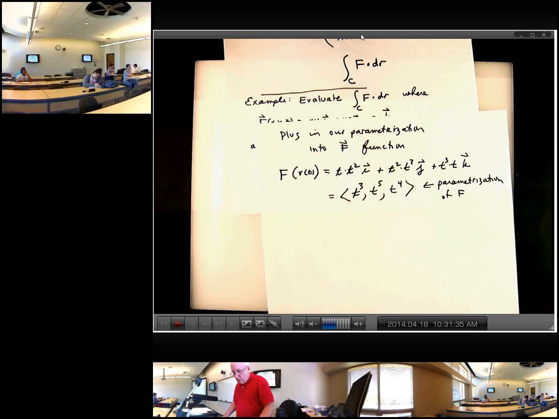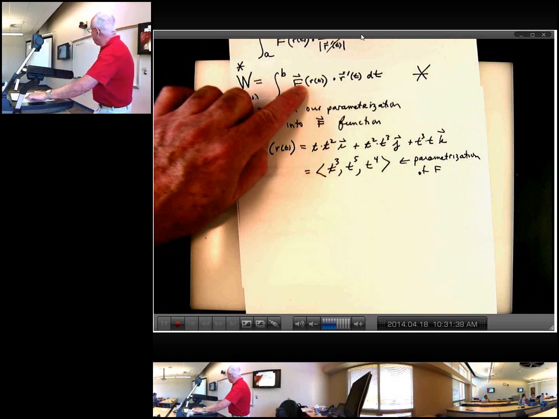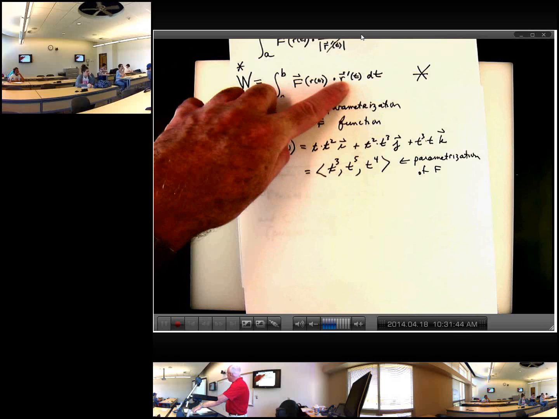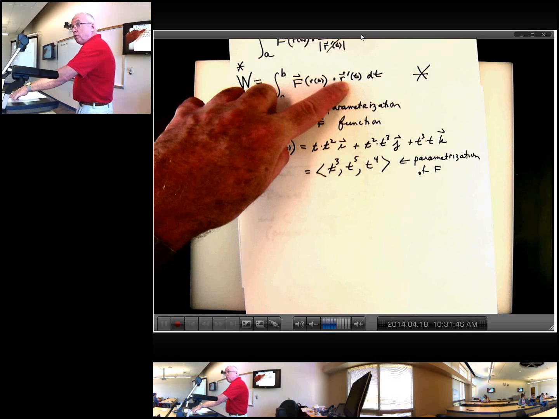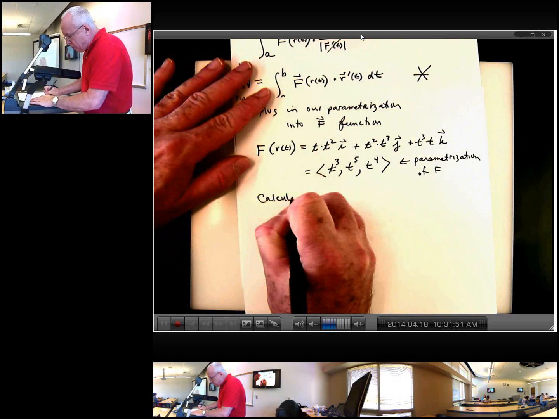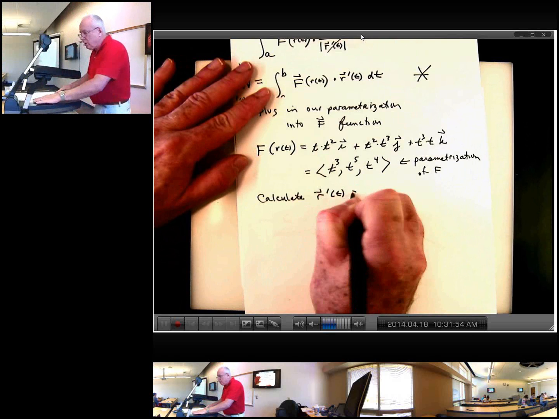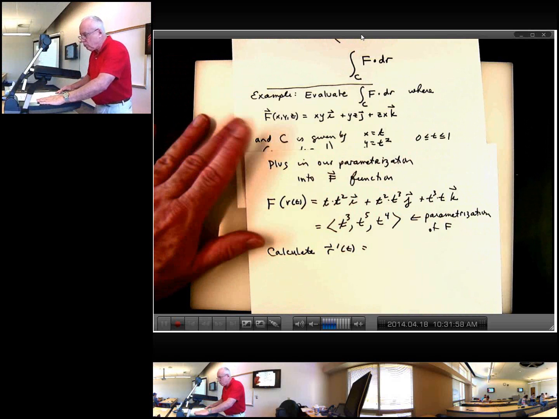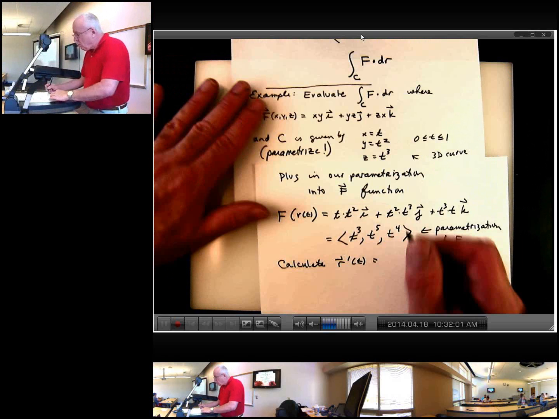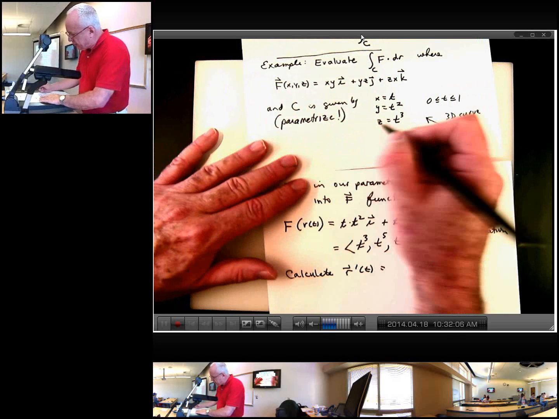All right, and then what else do we need here? Let's look at our formula. We've gotten that part of the integral. Now we have to dot product this with the derivative of our curve. So I need to calculate r prime. Actually, I skipped something here.